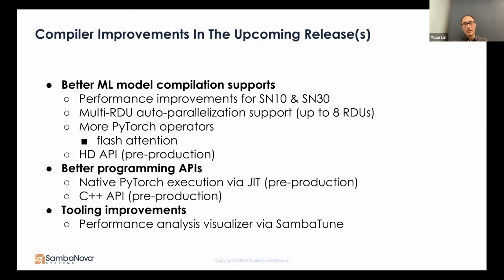In this way, you would just take a PyTorch model without any changes and be able to run it on RDU. This is currently in pre-production and not ready for release, but the point with this JIT is that it makes it much easier to develop and bring up models to run on RDU. In addition, we also have the C++ API, but again, these are still not ready for final release.